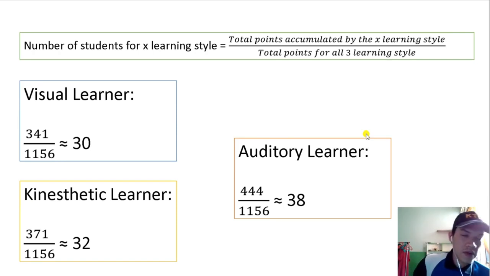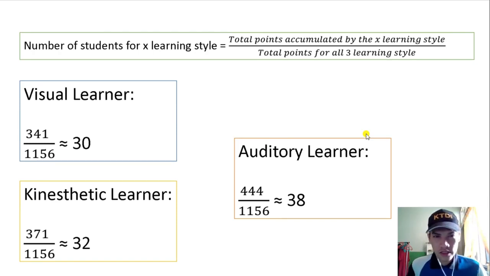For the next part, how do we calculate the number of students for each learning style? For our project, we use the total points accumulated by the specific learning style divided by the total points gathered for all 3 learning styles.